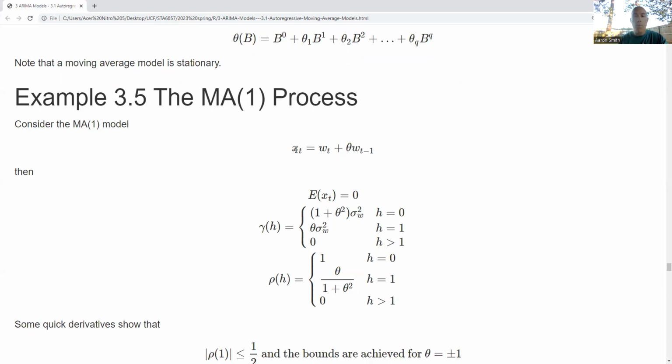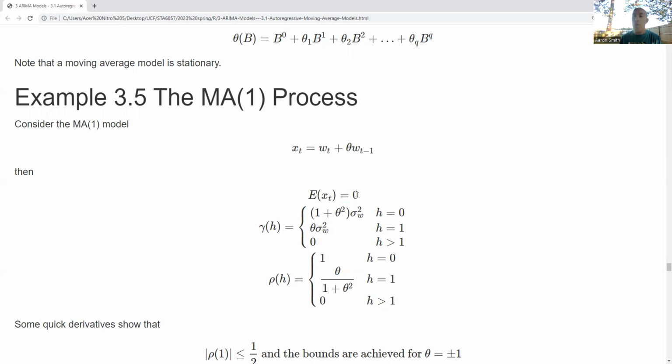All right, so if this is what I've got, you notice I've got white noise terms, 2 of them, and I've got a constant. So if I take the expected value, that's going to be the expected value of that white noise term, and the expected value of this times the theta. Well, that's just going to be 0. Boom, we've got our expected value. Now, when it comes to covariance, white noise is always independent of all other white noise terms.